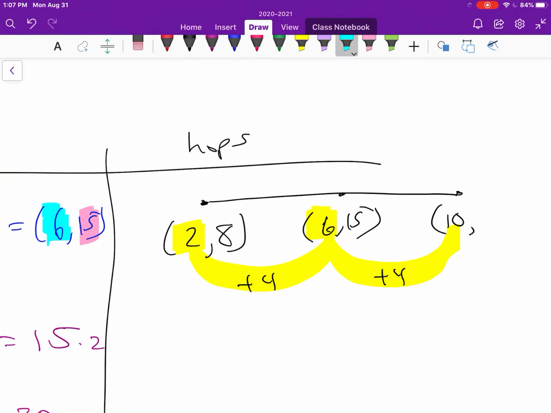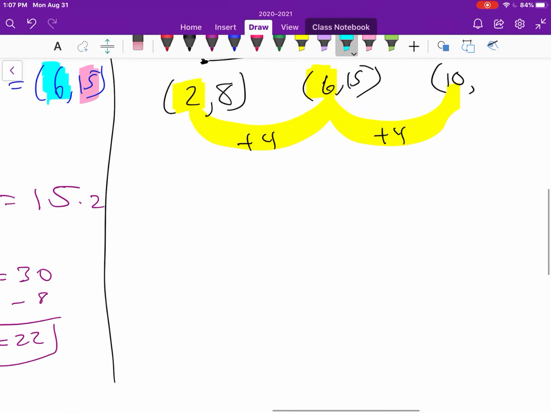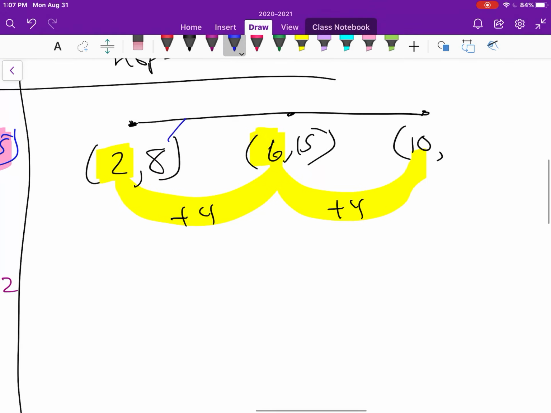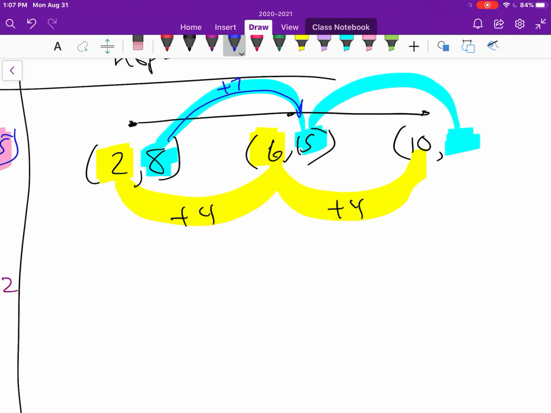Now let's go ahead. So now you find your x value, which was the same one that was down here. Other one, let's jump. 8 to 15 is plus 7. So I'm looking at the blue. Plus 7. So we jumped. Jump again. So plus 7 gives you 23.